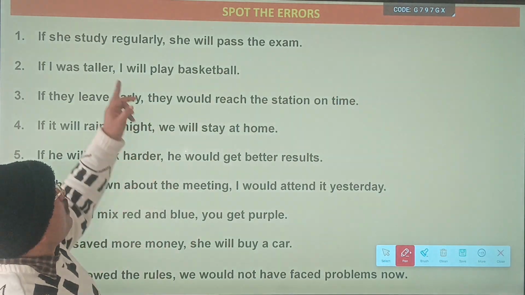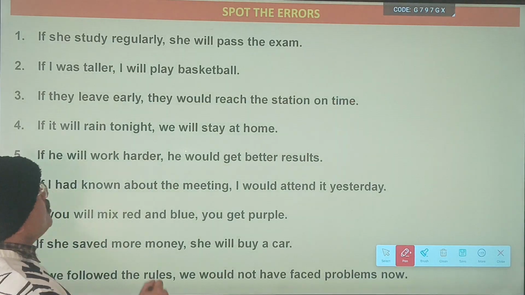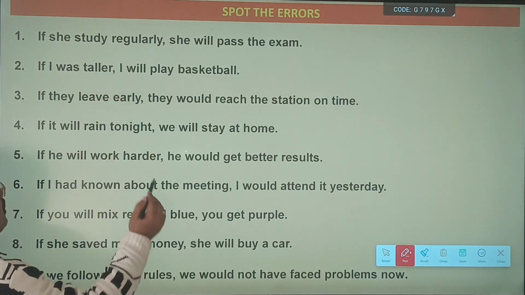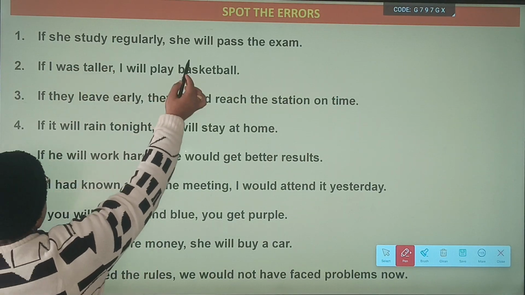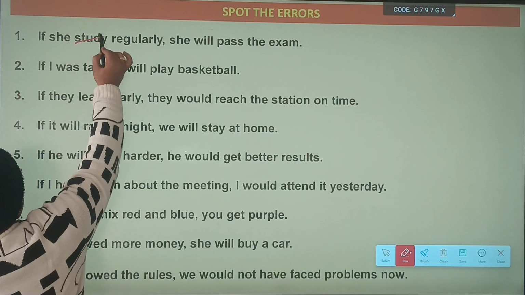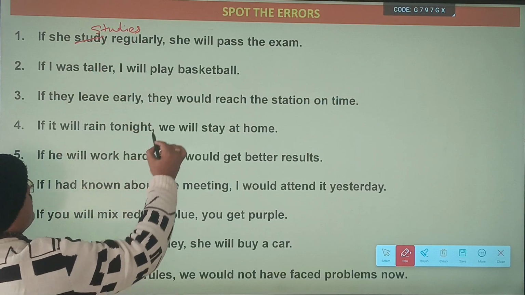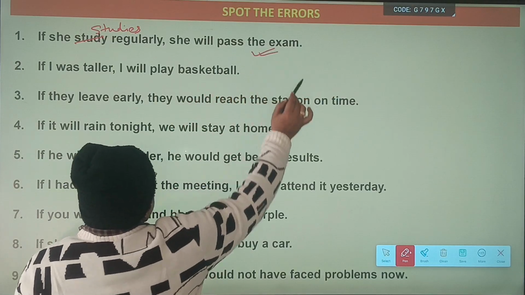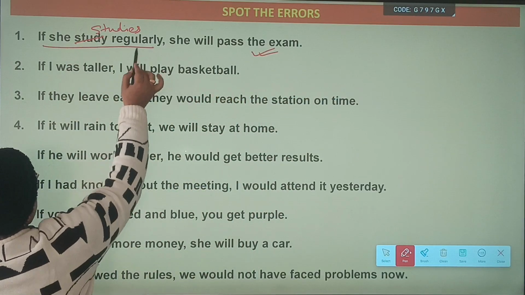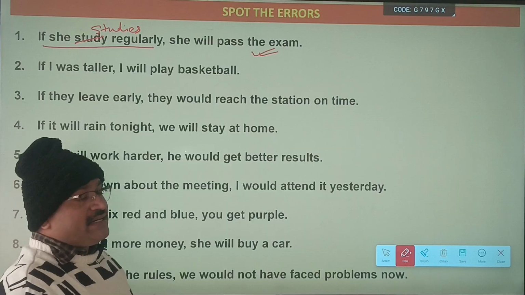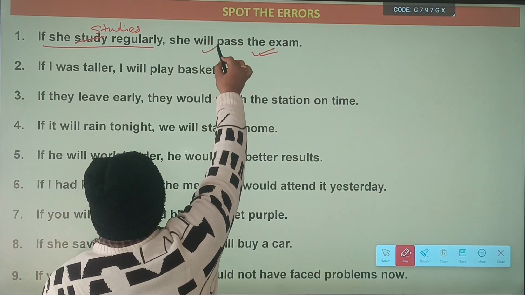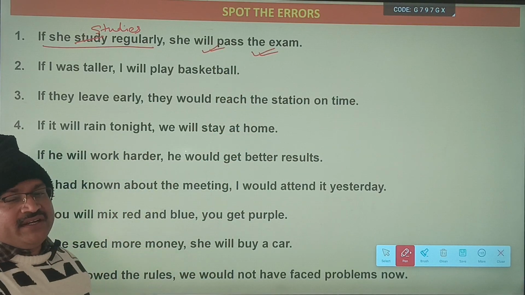Because the condition is realistic. So what is the structure? Present and future. So if she studies regularly, she will pass the exam. The if clause is in simple present and the main clause in future tense in the first conditional sentence.